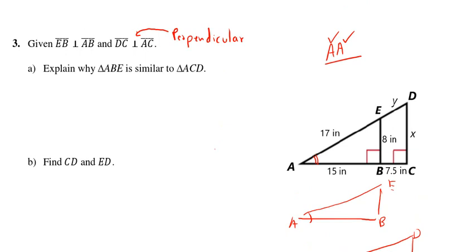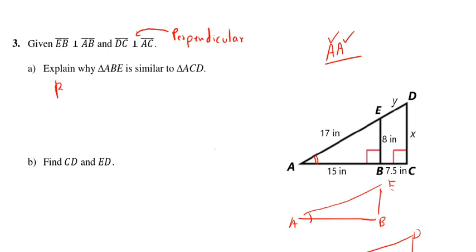So explain why triangle ABE is similar to triangle ACD. You could say because the triangles satisfy the angle-angle similarity criteria.